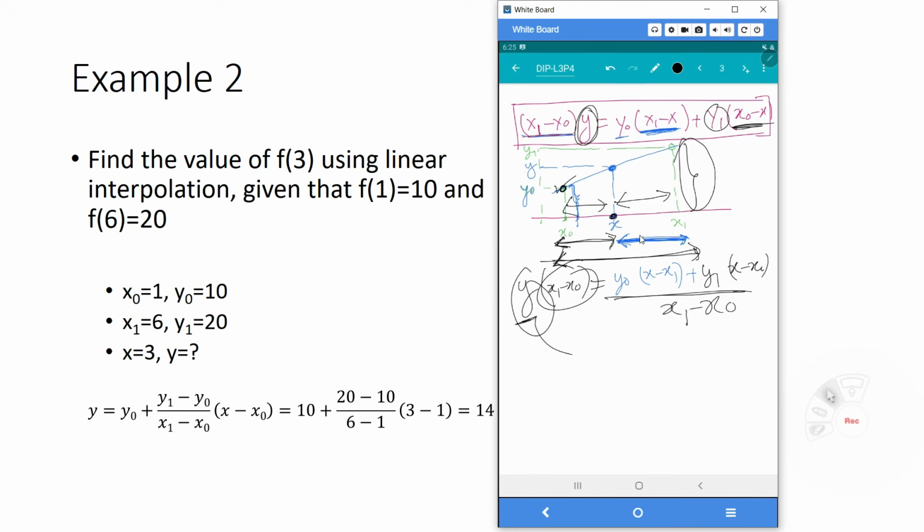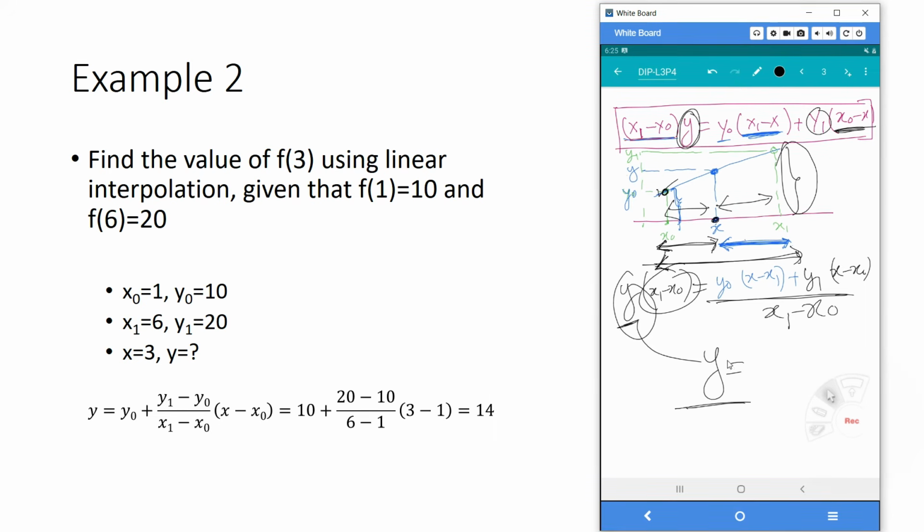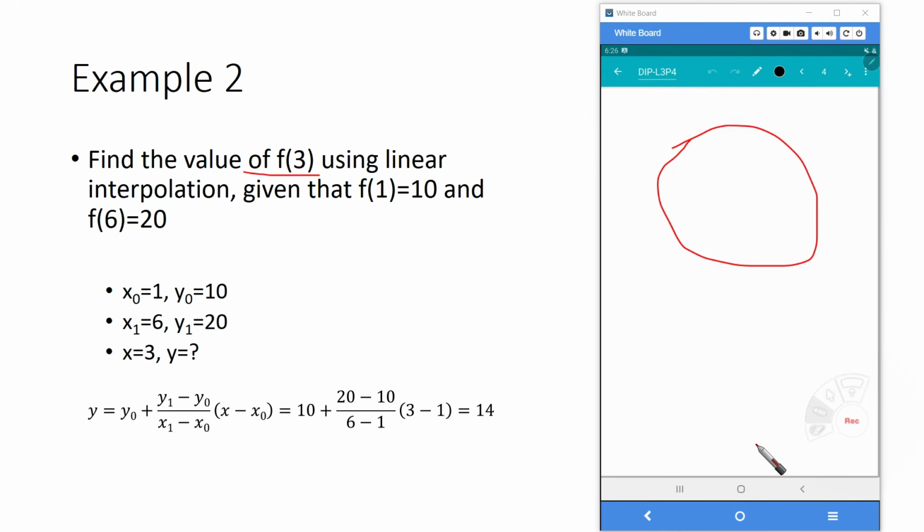So we will be getting the value of y. This is how we can calculate these values. We can also calculate the value f3. We already calculated it in one way, but now let's apply the approach that we learned in another form.